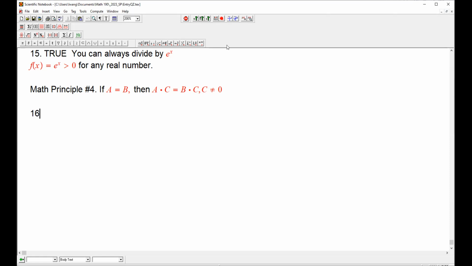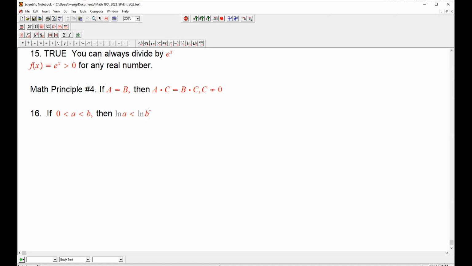Number 16. Number 16 says, if 0 is less than a, which is less than b, then ln a is less than ln b.